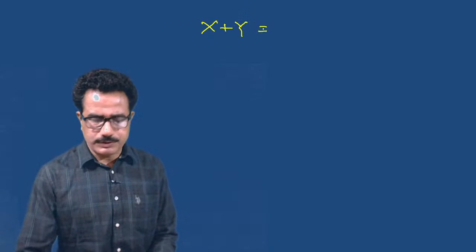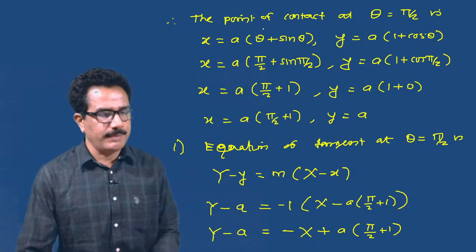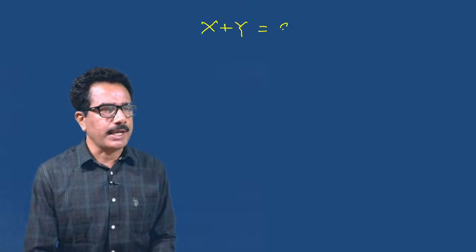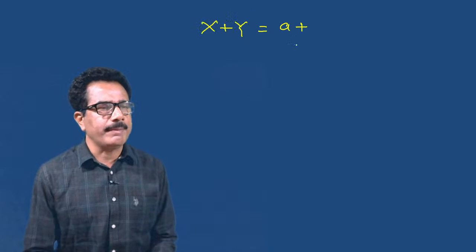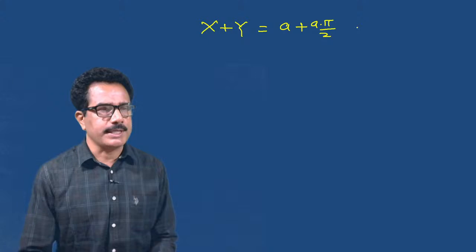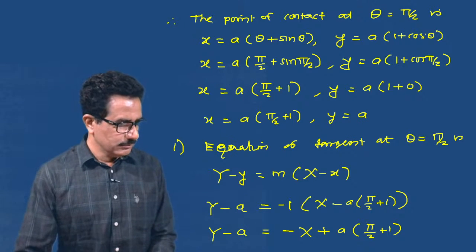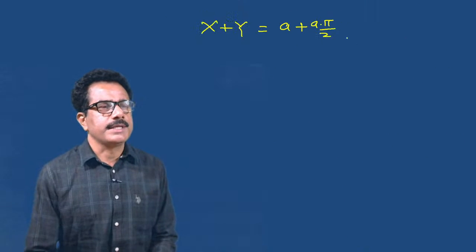So, capital X plus capital Y is equals to, we can write this as, now transfer this to the right side, what happens? Plus a, again plus a into pi by 2, then plus a.